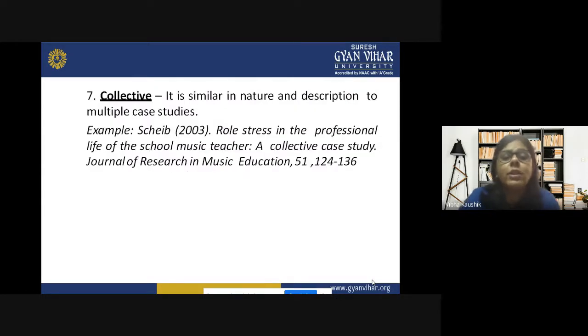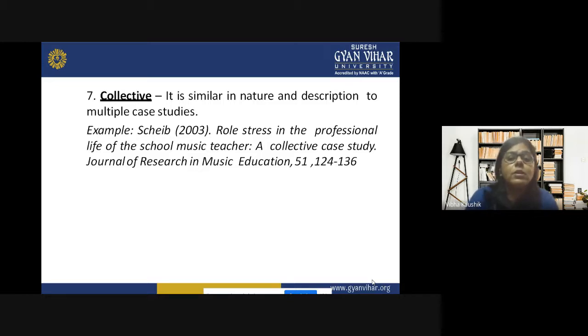Now the next one is collective. It is similar in nature and description to multiple case studies. Means the collective case study method is similar in nature and description to the multiple case studies.